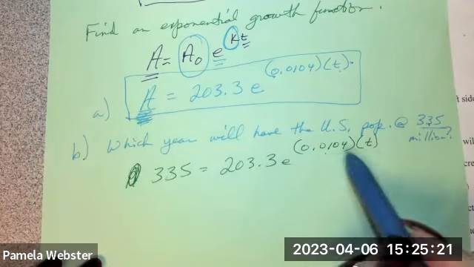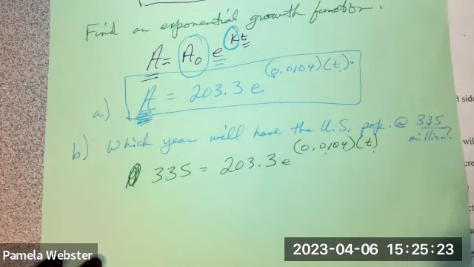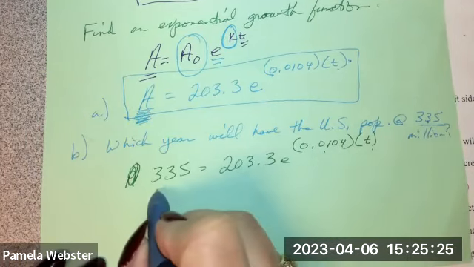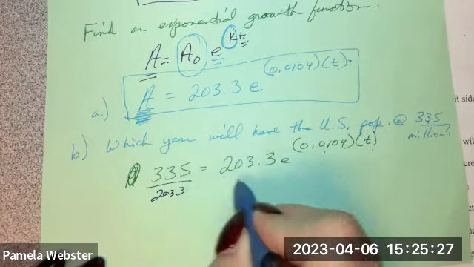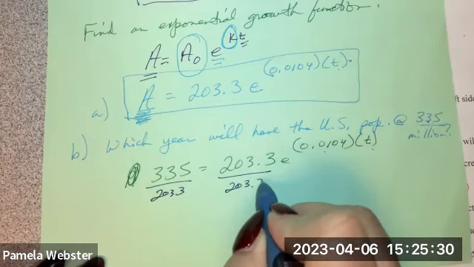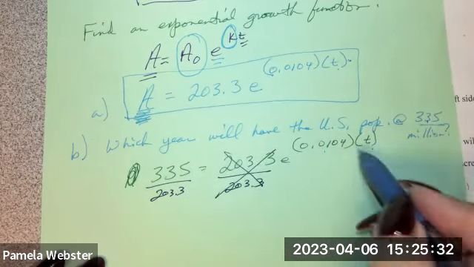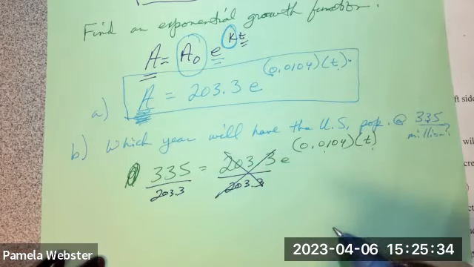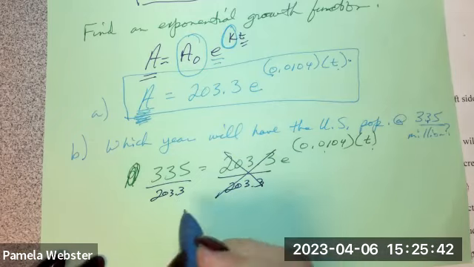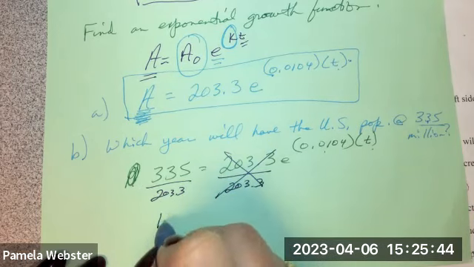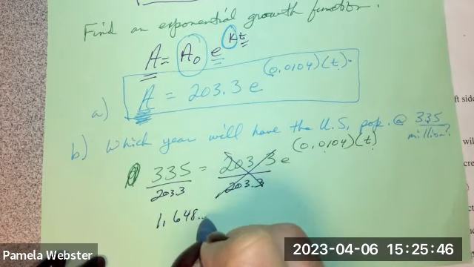Instead of solving for k, though, I'm going to solve for t. So it's the same process as what we just did. So I'm going to divide by 203.3. And if you want to do this by yourself and see if you can solve for t all by yourself, push pause, and then I'll come back, that's great. I'm going to divide and get the number over here. I'm going to keep that number in my calculator. This is going to become 1.648-ish.